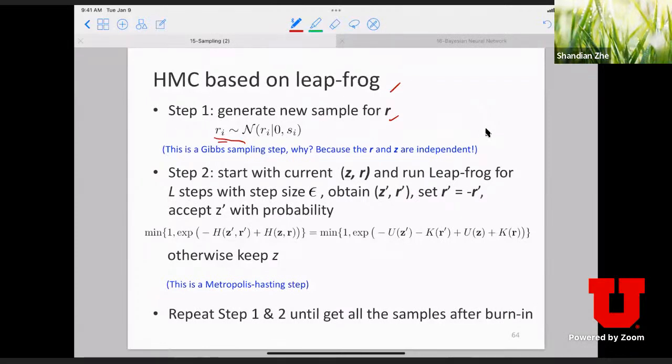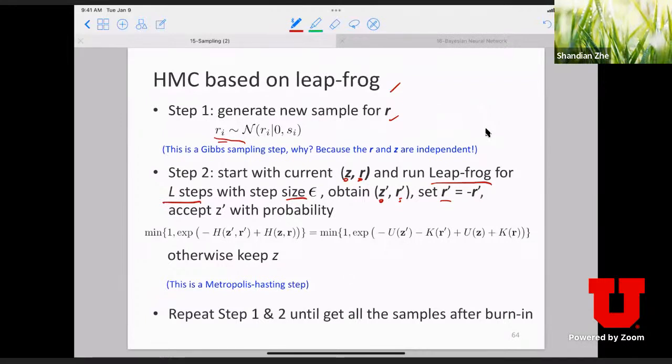And then we initialize the state of the Hamiltonian system with the current sample Z and the momentum sample R we just generated. Then we run leapfrog for L steps with step size epsilon. Then we obtain the state Z prime, R prime. And of course, to ensure reversibility, we have to negate the momentum.